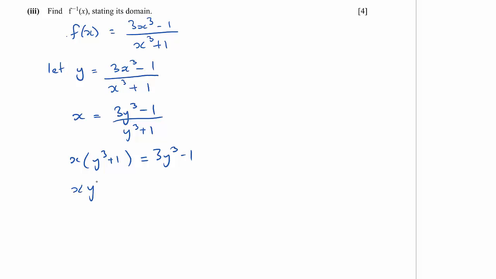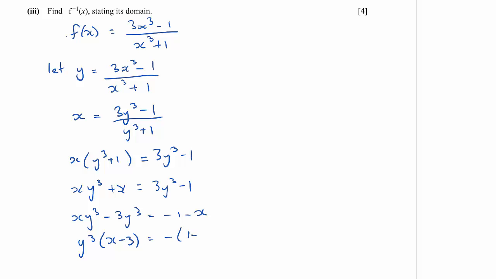So xy cubed plus x is 3y cubed take 1. Bring everything that's got a y to one side. So we've got xy cubed minus 3y cubed is going to be negative 1 take x, if the x comes over here. So take out the y cubed, and I've got x minus 3 is going to be negative 1 plus x.